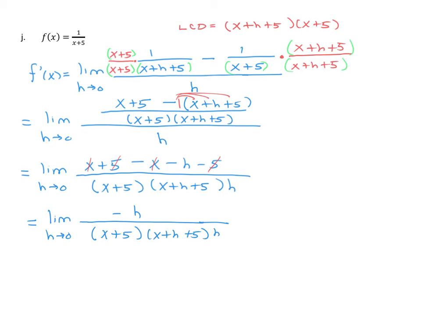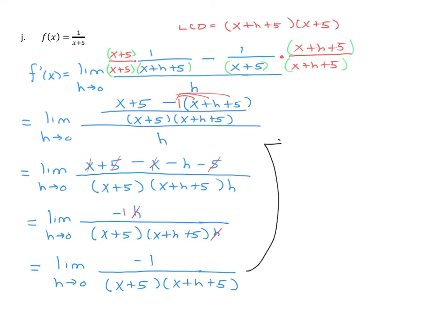And it works out in this problem that this h cancels with this one, and that leaves a negative 1 left over in the numerator. This is the limit as h goes to 0 of negative 1, then we have x plus 5 times x plus h plus 5.